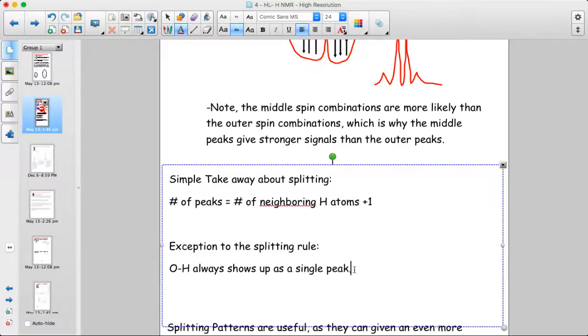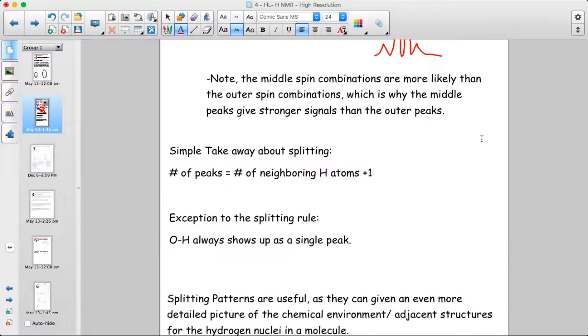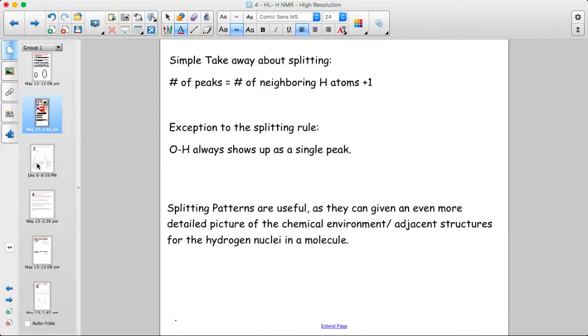It's just something to remember that when you see this OH group, even if it's next to a carbon that has two or three hydrogens on it, it always shows up as a single peak. Okay? And splitting patterns are just one more piece of useful information that we can use to help confirm things about molecular structure.